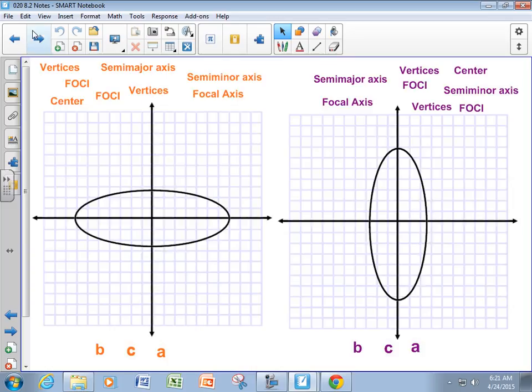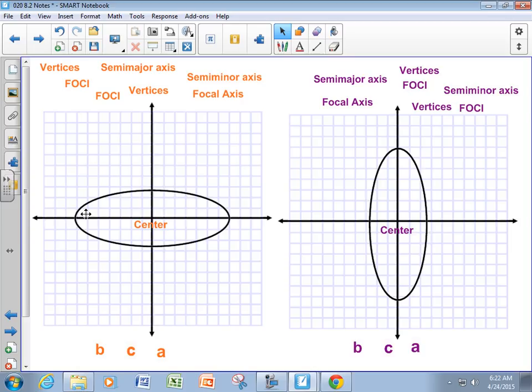There is a lot of verbiage and vocab that goes along with ellipses. While I think they're the easiest to picture and to create the picture for, there just can be some language barriers. So again, you've got a center. That should be pretty basic and easy. Notice I've got two different kinds of ellipses going on here. One that is longer, maybe think about it as wider than it is tall, and this one's a lot taller than it is wide. One side is always going to be longer in an ellipse.